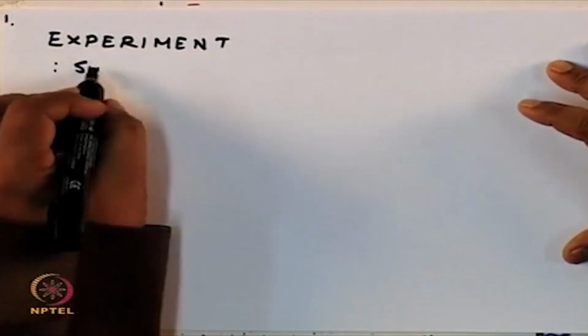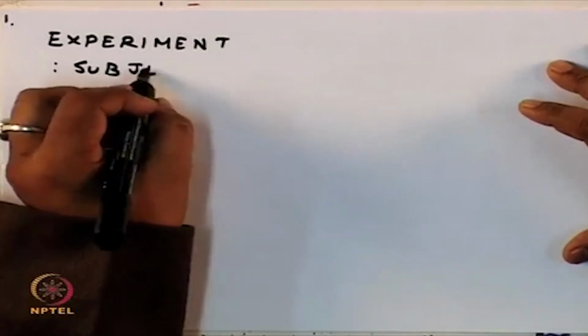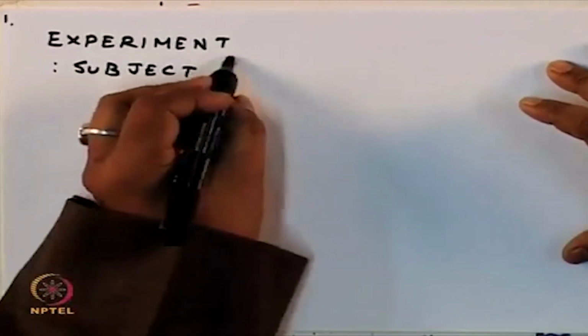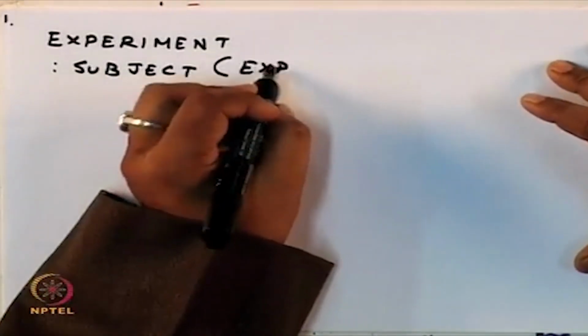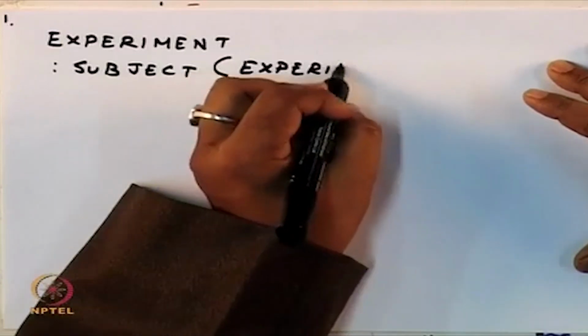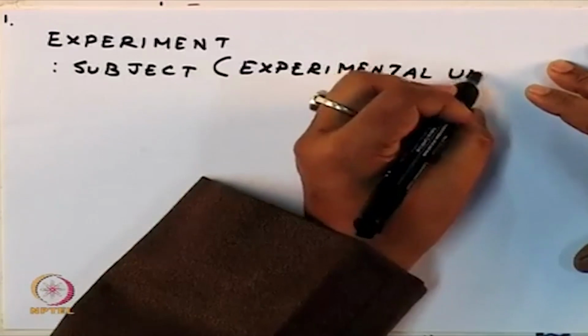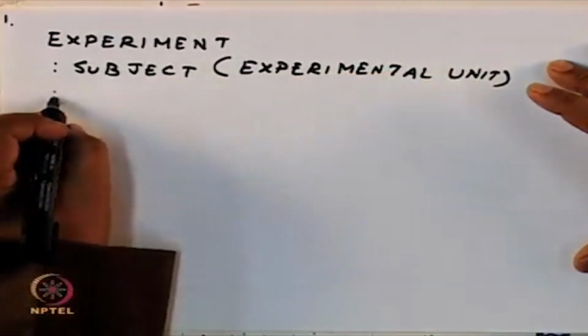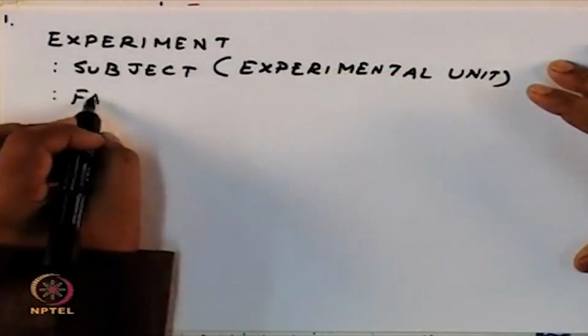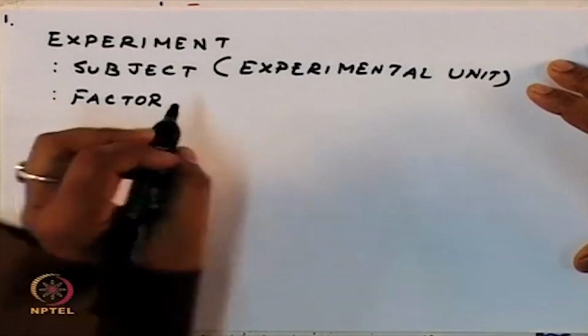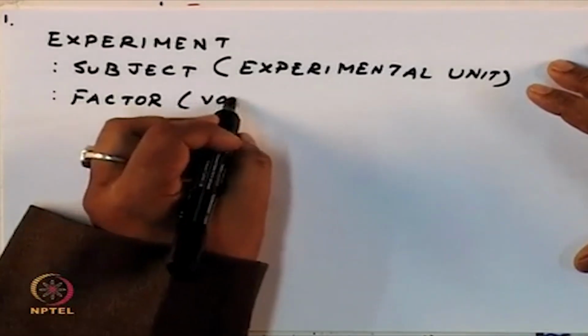The subject on whom you do the experiment is also referred to as the experimental unit. The factor which you are changing is a variable.